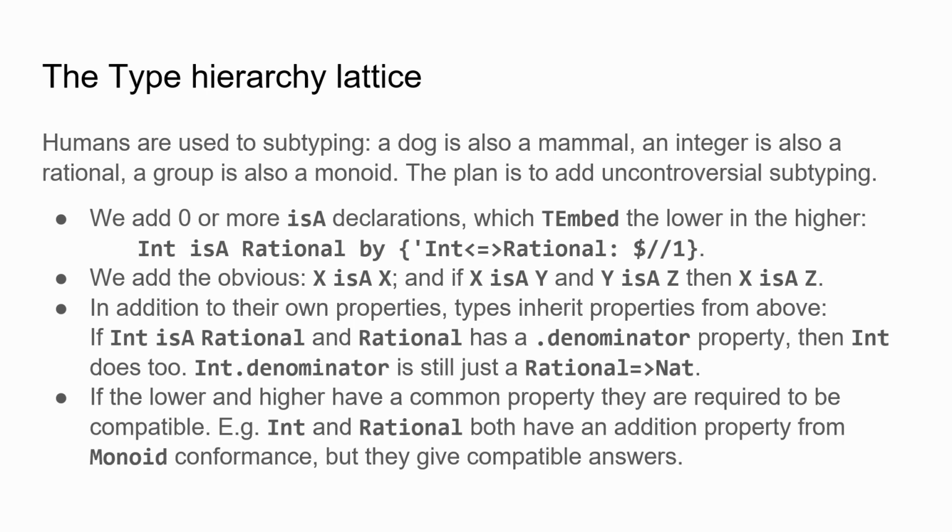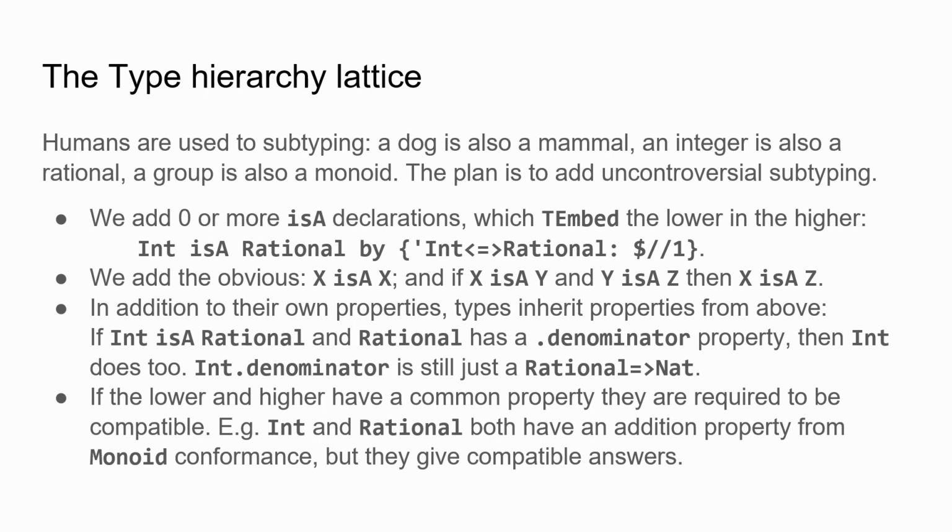This is normal, and what I want to do is to add subtyping in a way that's uncontroversial. So we do this by adding, in the first instance, an is-a declaration. So that's an embedding of the lower type into the higher.